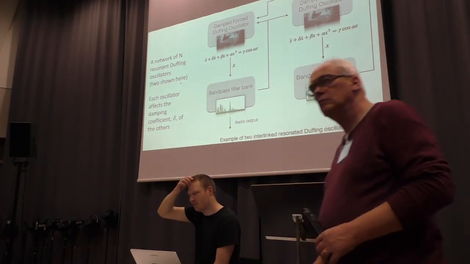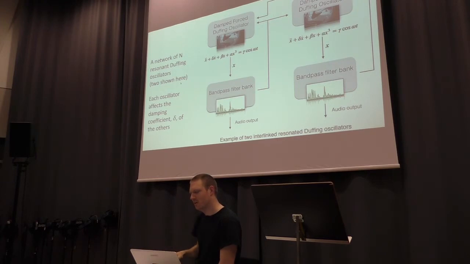The question was, there's something with the interaction between the oscillators. Okay, yeah, the way they influence the damping. Why did I do that rather than some other kind of feedback summing? Well, because it reaches a point where they become one. Right, okay. Is this a summing of all the interactions between them all?